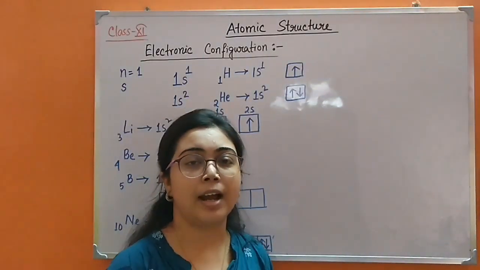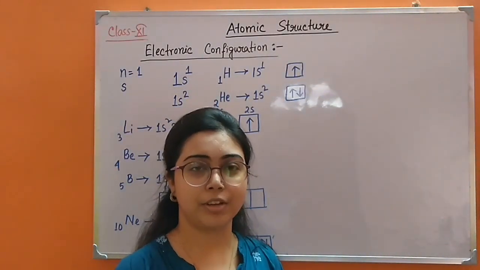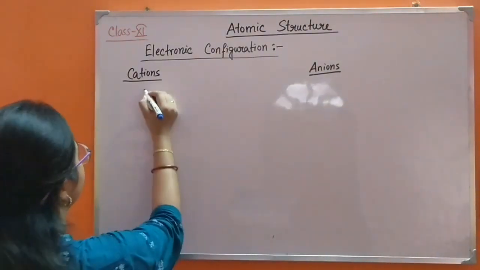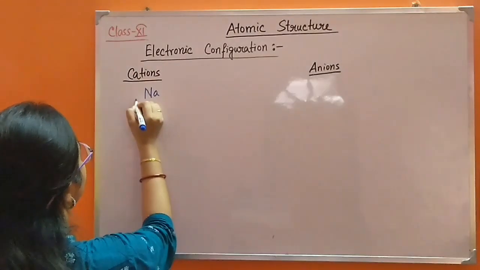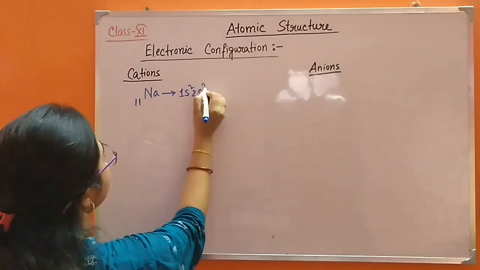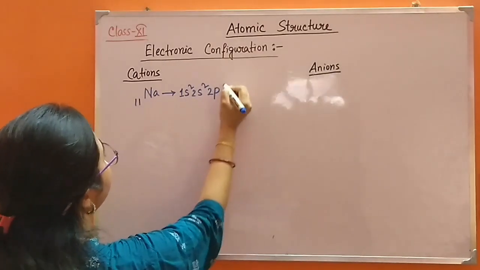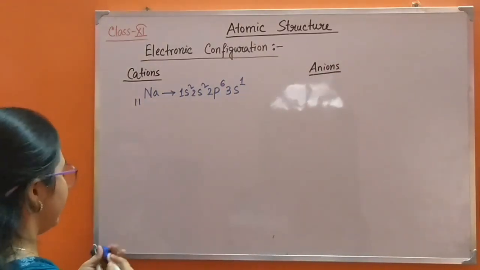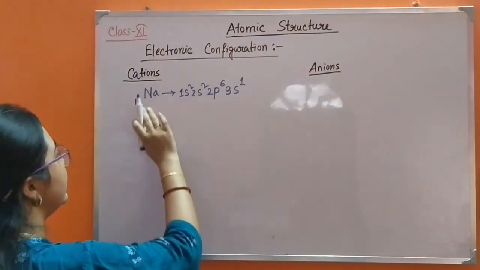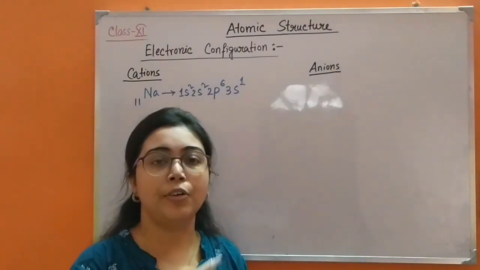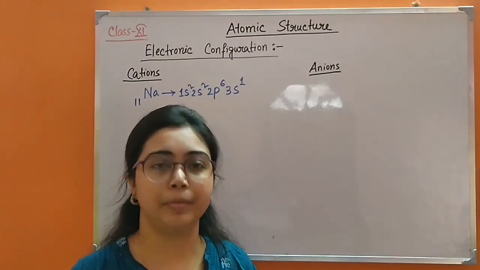Now we will learn how to write the electronic configuration of cations and anions. The electronic configuration of sodium is 1s2, 2s2, 2p6, 3s1. Total 11 electrons are present in sodium. Now to form a cation, the outermost shell electron will be removed.